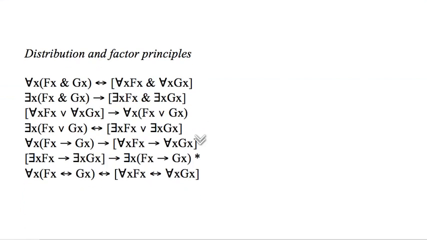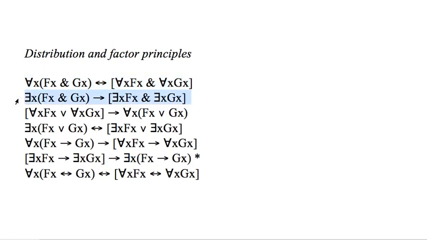Distribution and factor principles. Quantifiers sometimes distribute over connectives, and here are the principles that we have for doing that. Some of them are more obvious and more straightforward than others. If everything is an f and a g, then everything is an f and everything is a g, and vice versa. So we have distribution of the quantifier over the and, and you can also factor the universal quantifier out of an and statement.